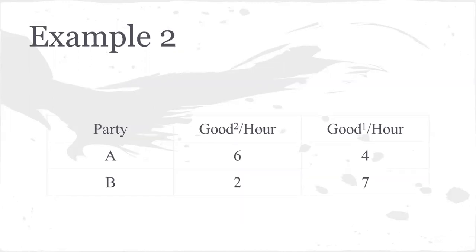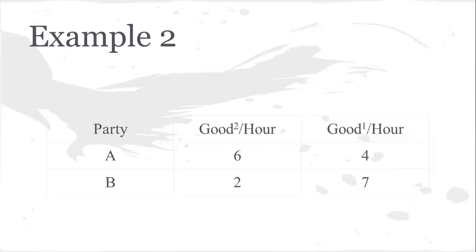Now, in the second example, we can see that there are two types of goods. This is a very interesting one. Party A is producing 6 units of good 2 per hour, whereas country B is producing 2 units of good 2 per hour. But in the case of good 1, we have previously seen that country A is producing less than country B, which produces 7 goods per hour.